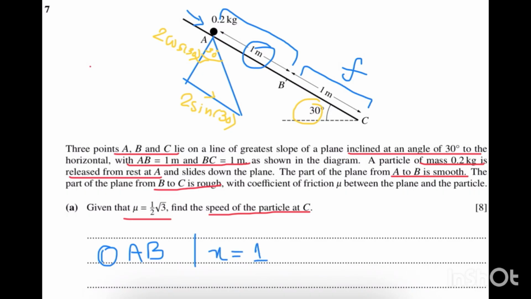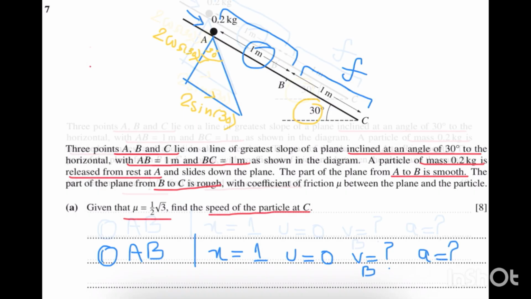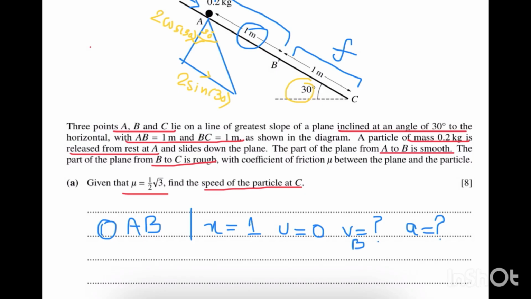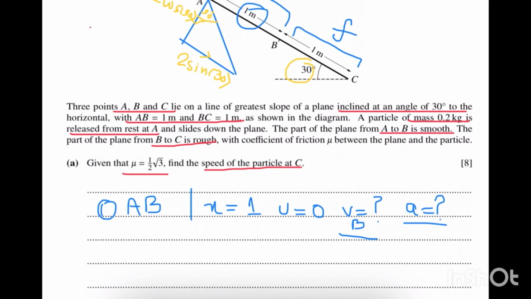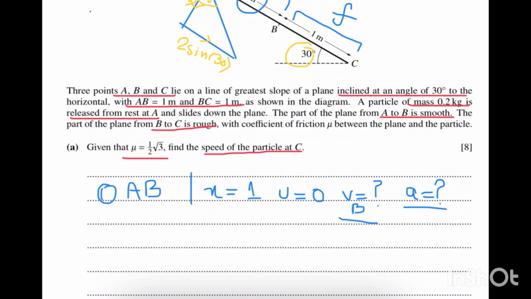And we know it's released from rest, so the initial speed will be 0. And we are unaware of the final velocity, which will be the velocity at B. And we don't know the acceleration as well. So in order to find the velocity of the particle at B, we need to first find the acceleration. We can do that using the forces formula, which is forward force minus resistive force is equal to the mass multiplied by the acceleration.